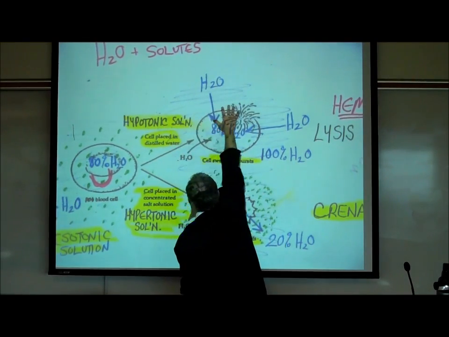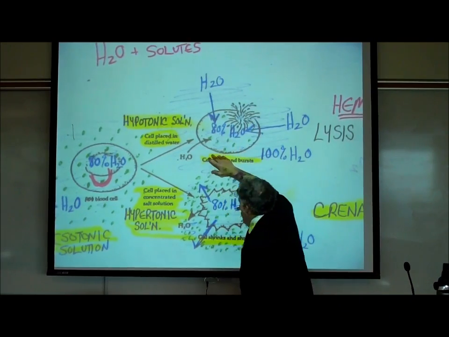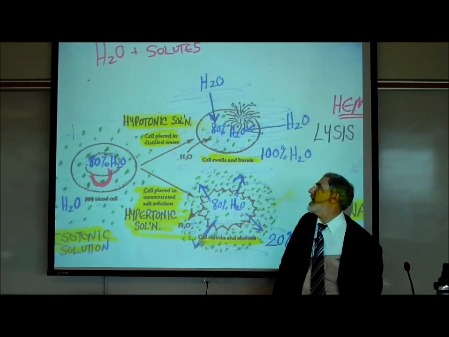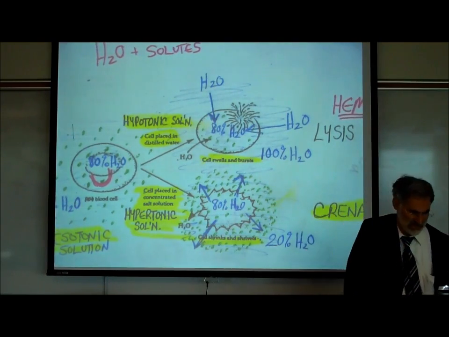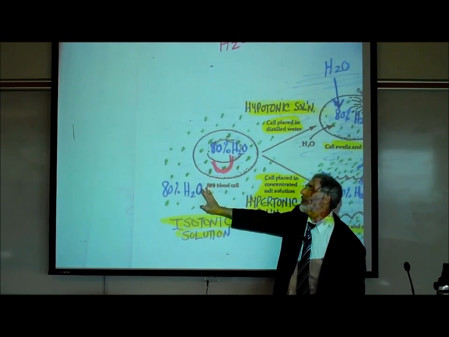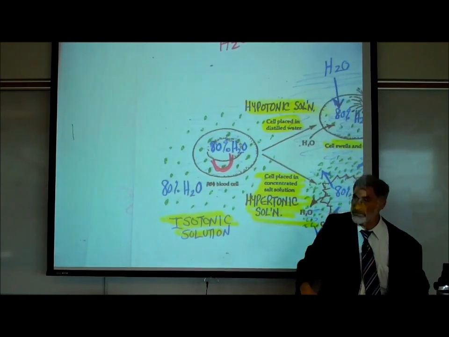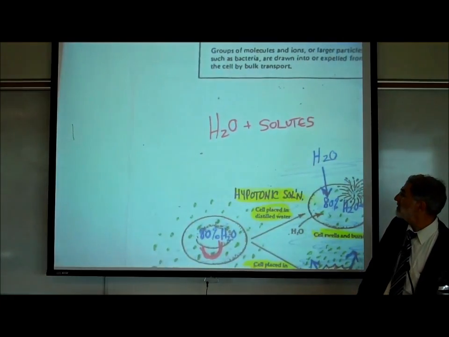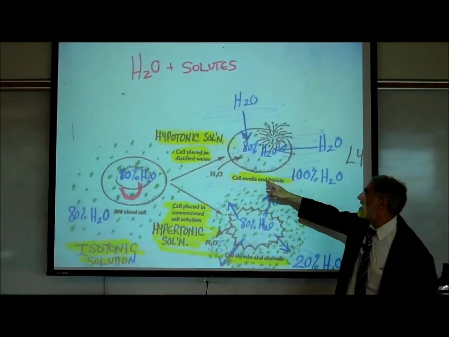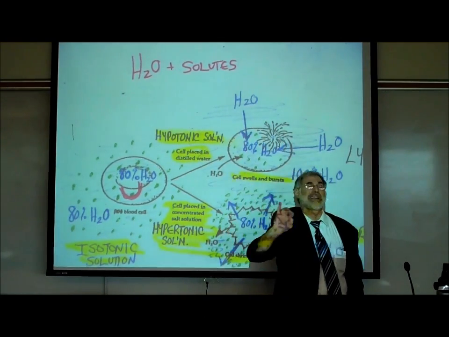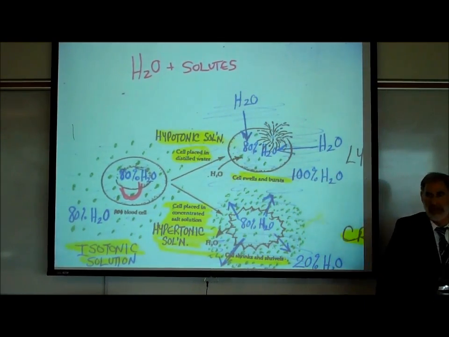A fluid that has a lower amount of solute than normal is said to be a hypotonic solution. We said an isotonic solution is 80% water, 20% other stuff, solutes. A hypotonic solution is higher in water and lower in solutes than the cytoplasm.